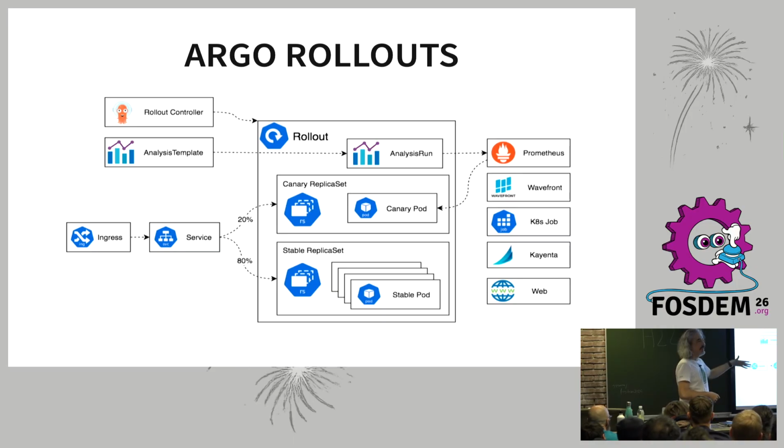In the analysis template, you can decide, I want to do 1%, then 5%, then 20%, whatever sort of analysis you want to do. You define it on the analysis template. And you have a bunch of metrics plugins, like Prometheus. You can run just a Kubernetes job that will decide whether your canary is good or bad. And the one I added here is one to do it with AI analysis, with an LLM.